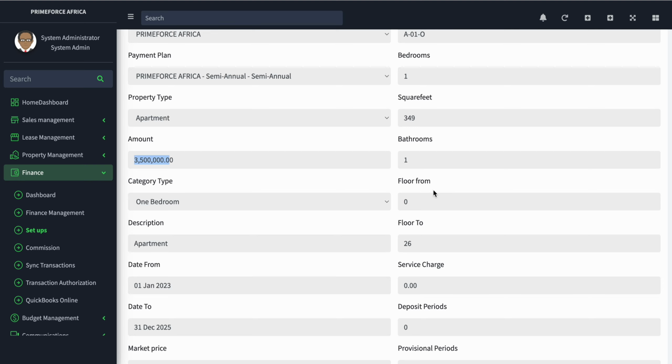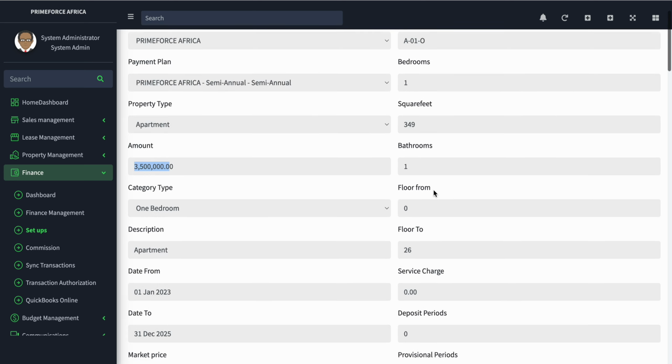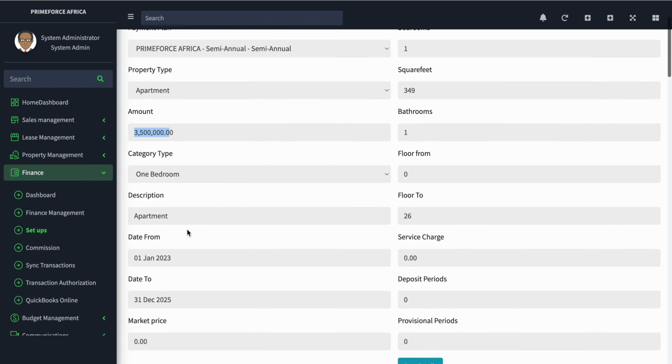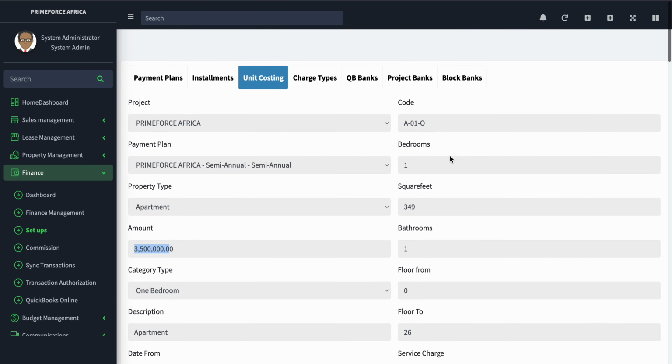For example, if a customer was to buy unit A010, which is tagged as a semi-annual payment, they would be expected to pay 3.5. If they were to choose another type of payment on the same unit, the system will be able to automatically change the cost based on the other type of payment, either monthly, mortgage, etc.